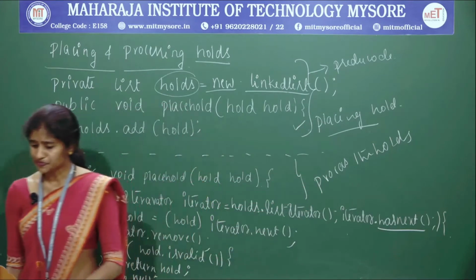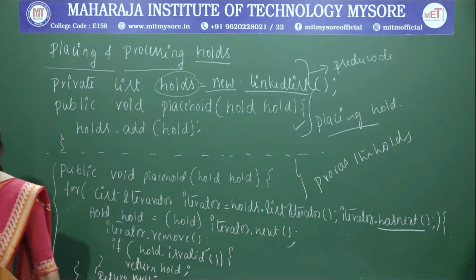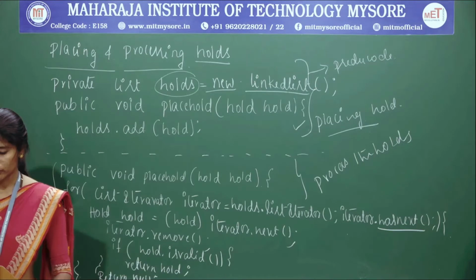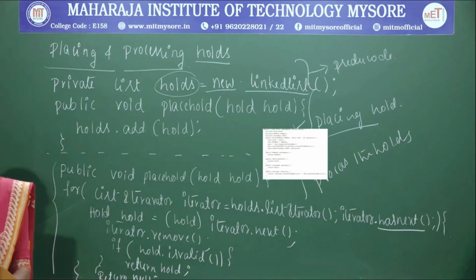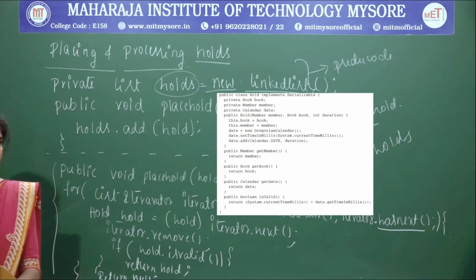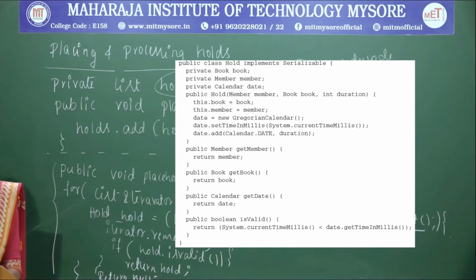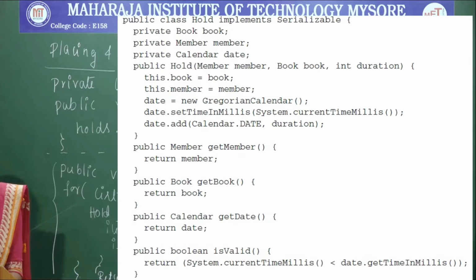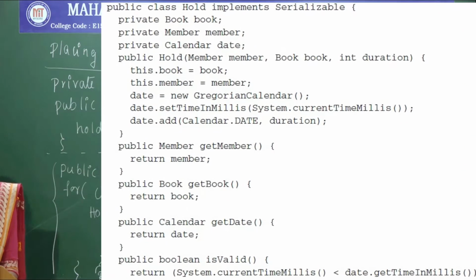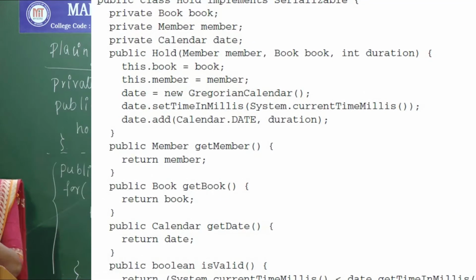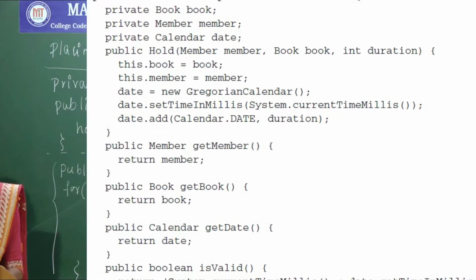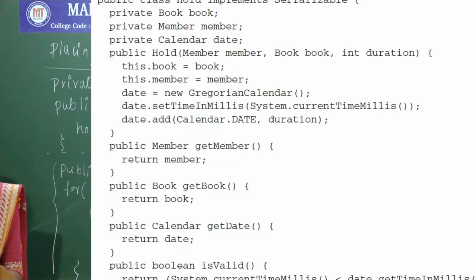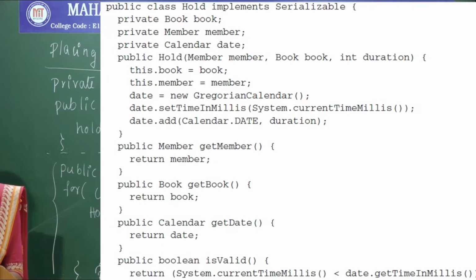Next we will see how isValid is going to check the serialization. We will see this with the coding part. You can see here a public class Hold implements Serializable, meaning the hold class is going to have complete information of serializable.